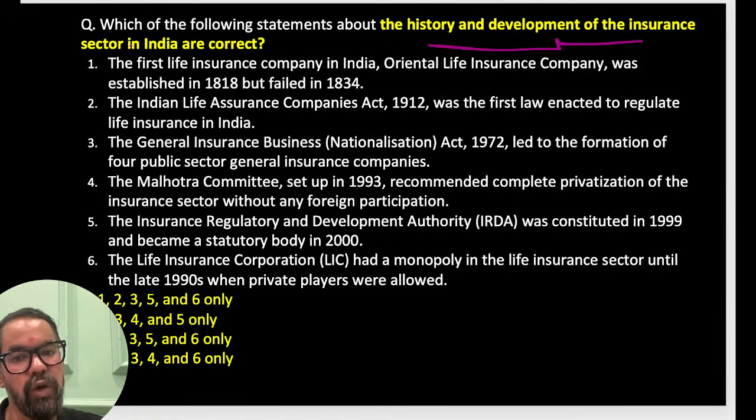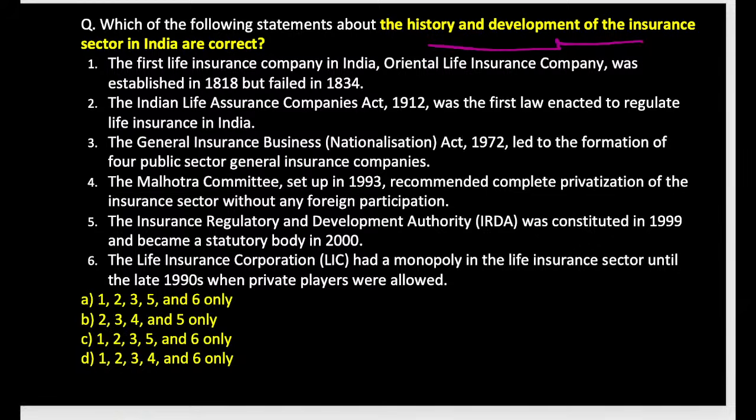History and development of the insurance sector in India. So what will be your correct answer? The first life insurance company, Oriental Life Insurance Company, was established in 1818 and failed in 1834. The Indian Life Insurance Company Act 1912 was the first law enacted to regulate life insurance in India.